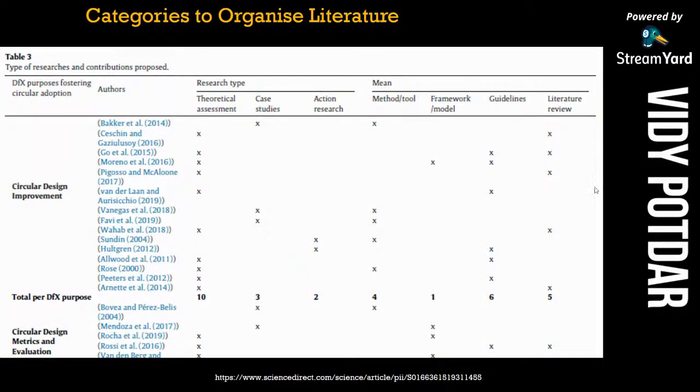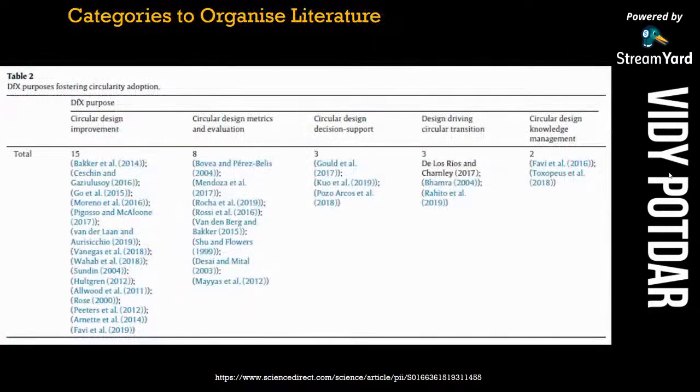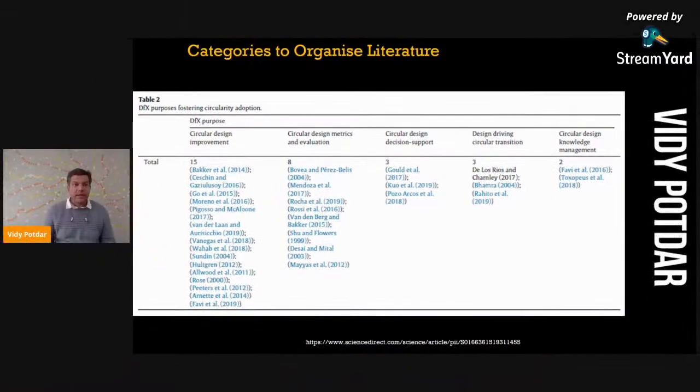So this is a kind of a representation of literature in a table. What is the next table here? So here they have a table which is on the purpose. So again, the same categories, different papers from a different perspective.